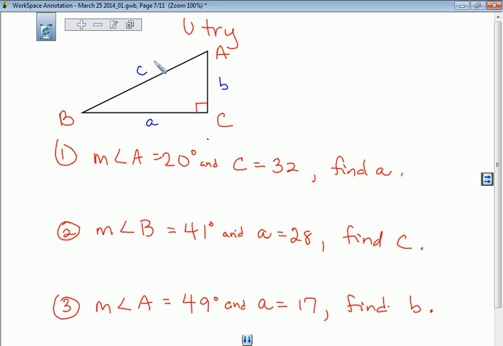Adjacent over hypotenuse. Which ratio is that? Cosine. So it'd be 28 divided by cosine of 41.